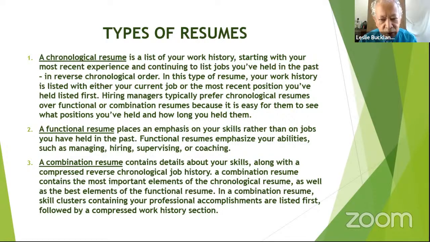A combination resume contains the most important elements of the chronological resume, as well as the best elements of the functional resume. In a combination resume, skill clusters containing your professional accomplishments are listed first, followed by a compressed work history section.